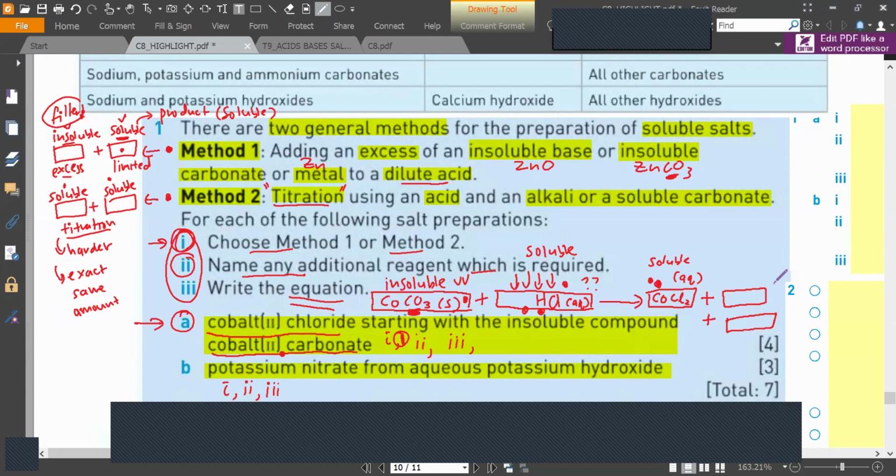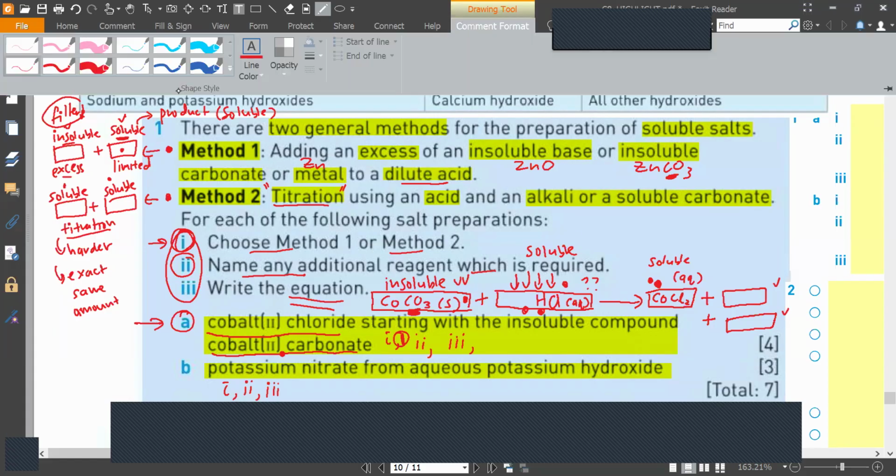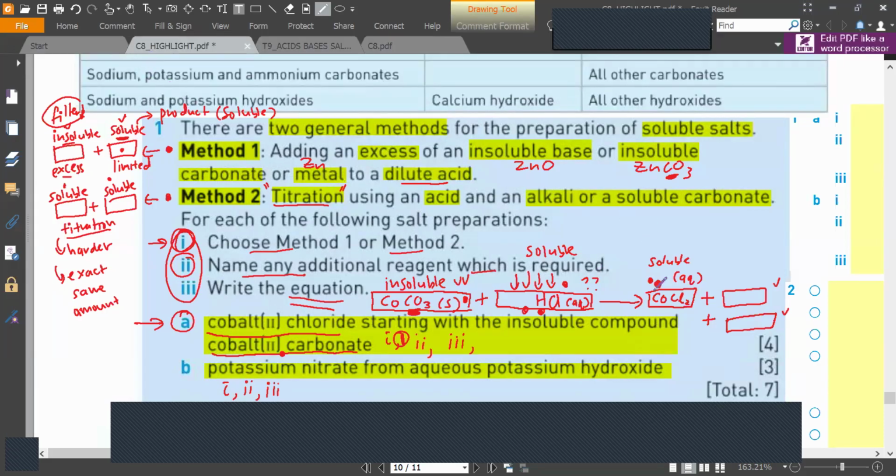And what are the other two products? Cobalt carbonate plus hydrochloric acid, we get the cobalt chloride salt.